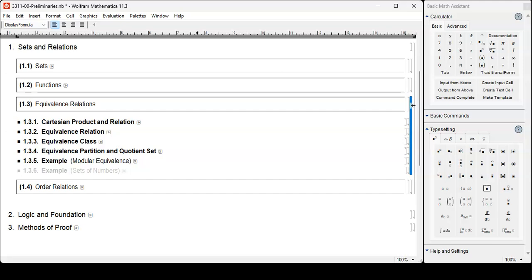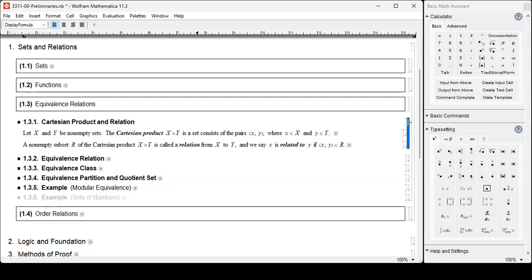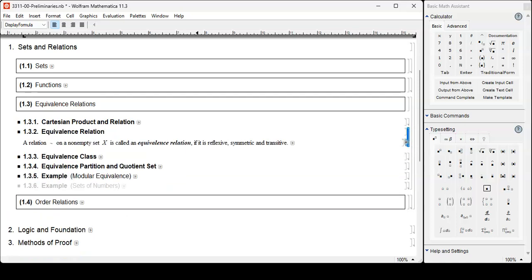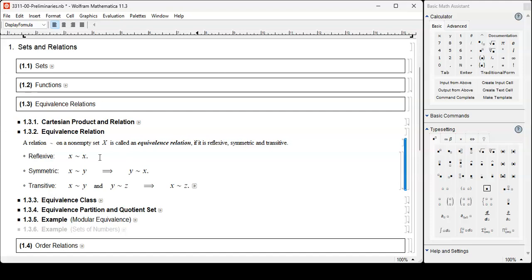Next, equivalence relations. We begin with the Cartesian product, and a relation is any non-empty subset of a Cartesian product. An equivalence relation is a special relation with these three properties: reflexivity, symmetry, and transitivity. Each x is related to itself. If x is related to y, then y is related to x. And finally, if x is related to y and y is related to z, then x is related to z. If you have all three, then the relation is called an equivalence relation.